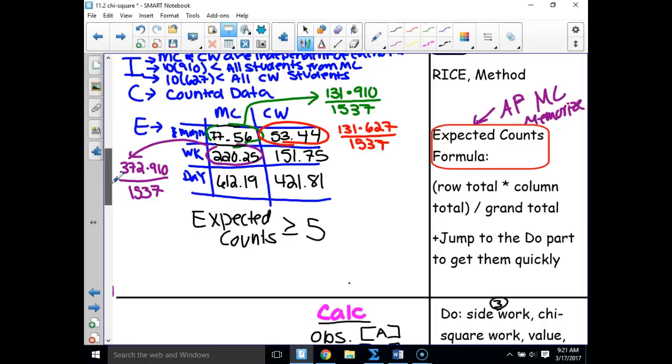All right, so ladies and gentlemen, we have our expected counts are greater than or equal to 5. We are okay to proceed, but before we proceed, we have to say what is our method? It's our chi-squared test. What are we testing right now?